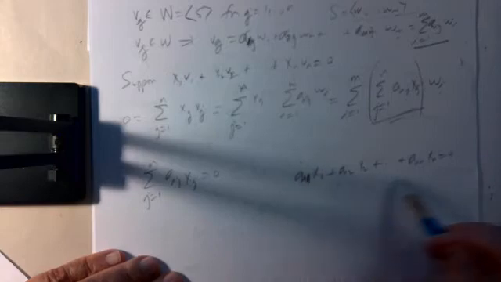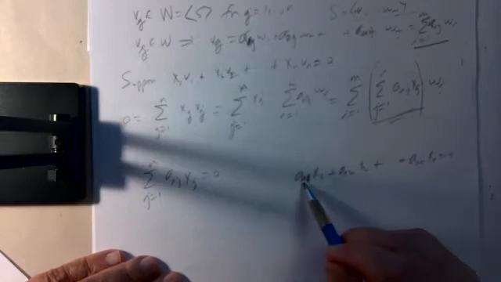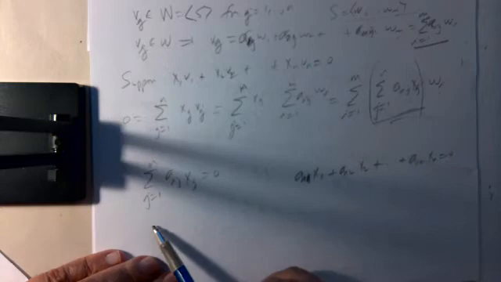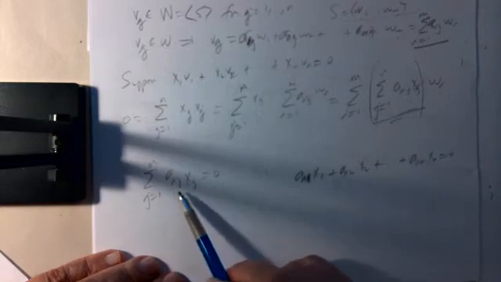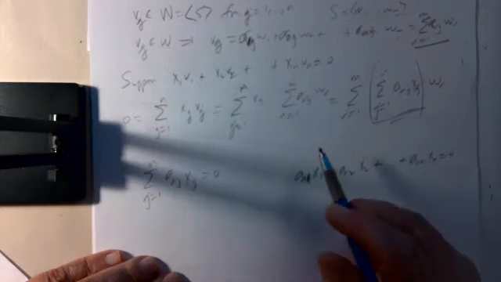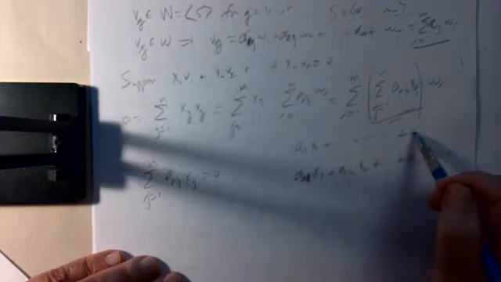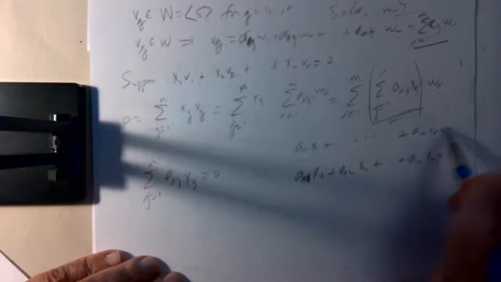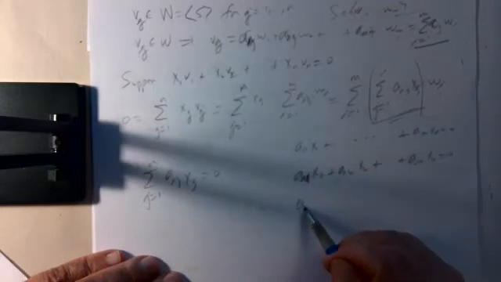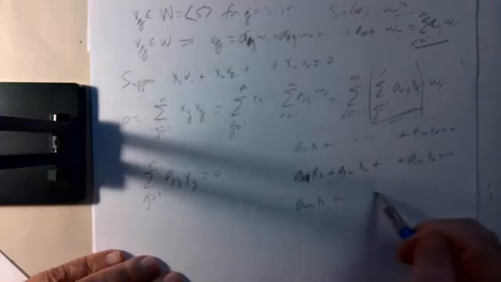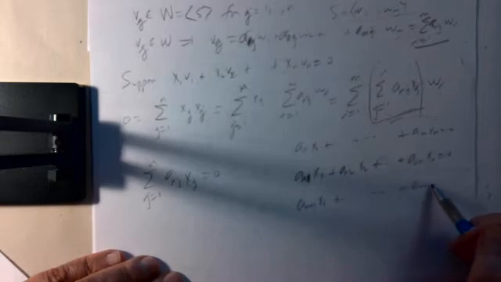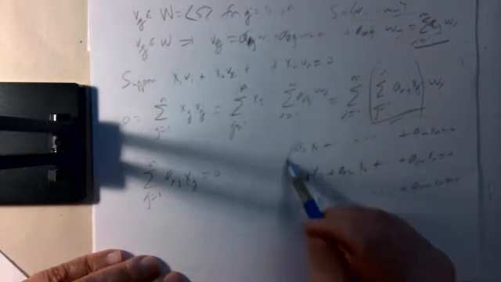So this is a linear equation in n variables. And I have this for all my different values of i going from 1 up to m: A11 x1 up to A1n xn equals 0, down to Am1 x1 up to Amn xn equals 0.